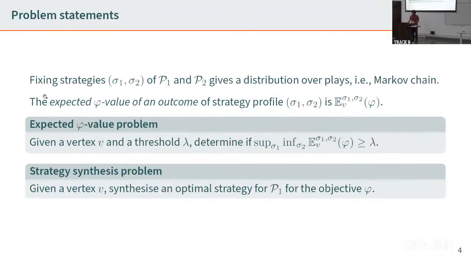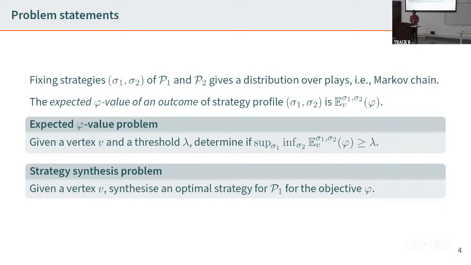Let's look at the problem statements that we studied. We looked at the expected phi value problem and the synthesis problem. The problems are as follows. Whenever you fix strategies of the players, say sigma 1 and sigma 2, in a stochastic game, what you get is a distribution over plays.